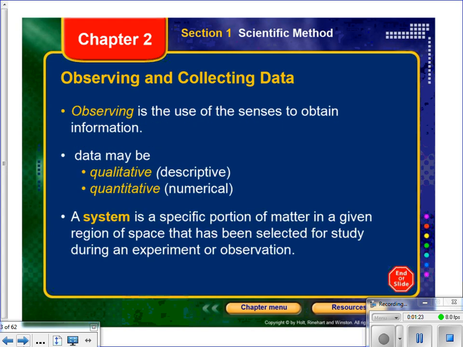Observing, you're going to use your senses. So you have 5 of them. You have a flashlight in your hand and you flick the switch and nothing happens. You've made an observation. When you make this observation, more than likely it's going to be qualitative.